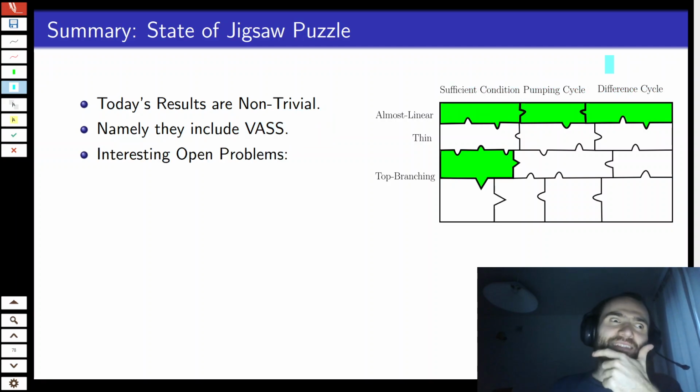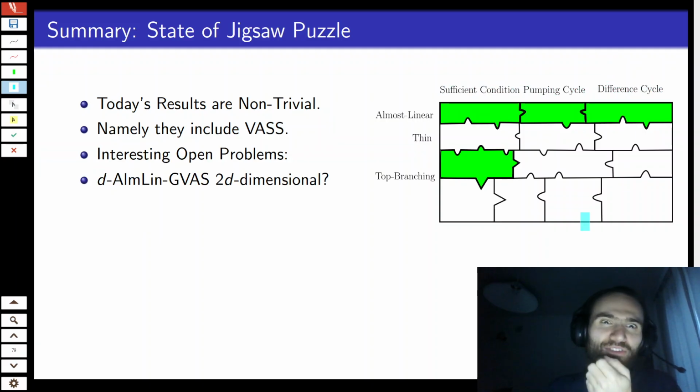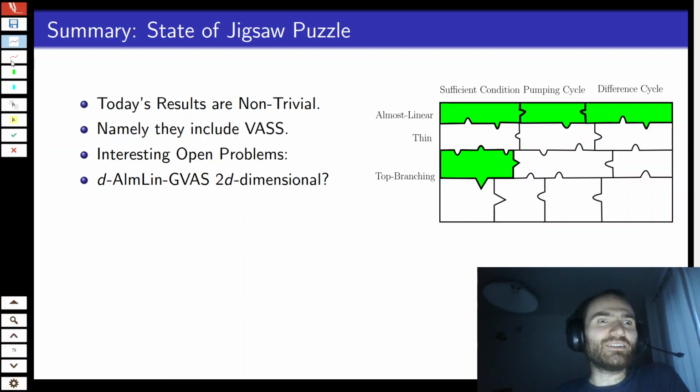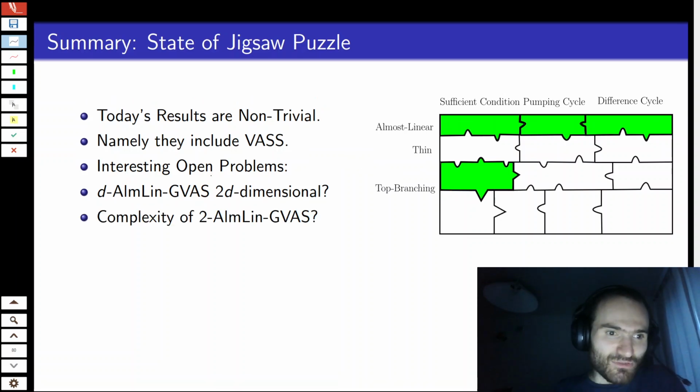Okay. And what I want to end today with is some interesting open problems. The first one is this: I just told you that the algorithm is F_{2d}. So the question is, is this actually necessary? Or is there maybe a reachability algorithm that works in F_d plus something? This is something I'm currently thinking about, and it's not so easy. In particular, there's already a very interesting case: what is the complexity of 2-counter almost linear GVAS?